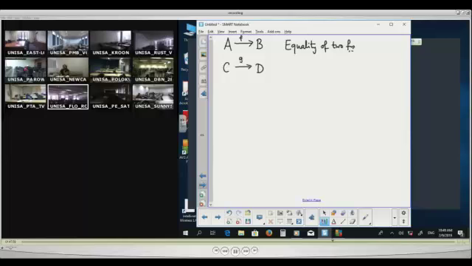So this means A must be equal to C. That means the domains must be the same, the codomains must be the same, and for each x in A, which is equal to C, f(x) must also be equal to g(x). That means the outputs given by the two must be the same. So that's the equality of two functions.